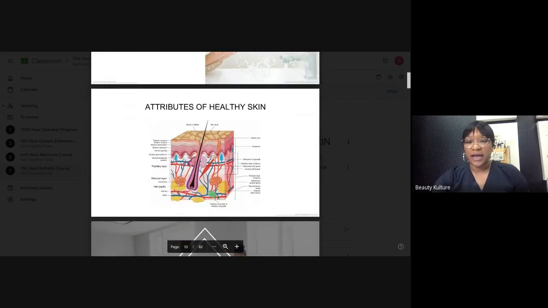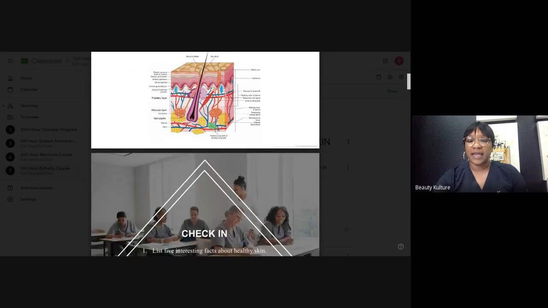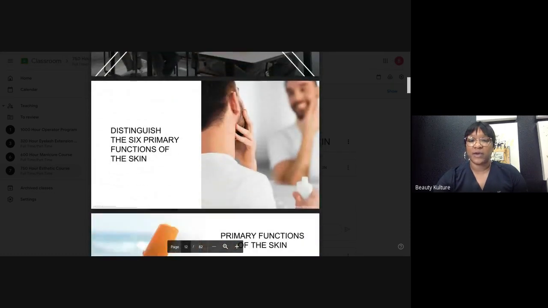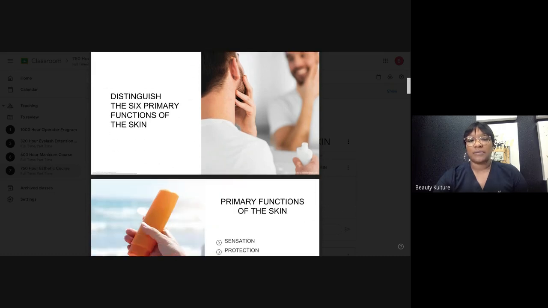I'm going to be breaking down each part of this skin diagram later. So I'm going to scroll past that, and past the check-in questions, and go into the 6 functions of the skin.